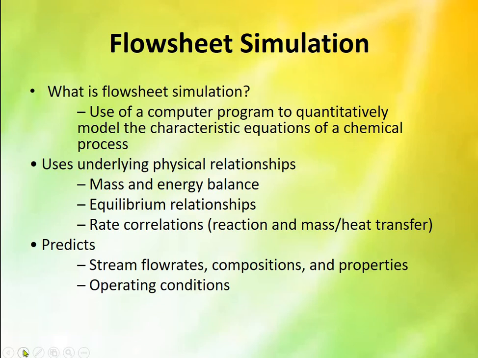So when you use these relationships to develop a computer program which will predict the actual process, it is called flowsheet simulation. And it can predict stream flow rates, composition and properties, operating conditions in a flowsheet simulation.